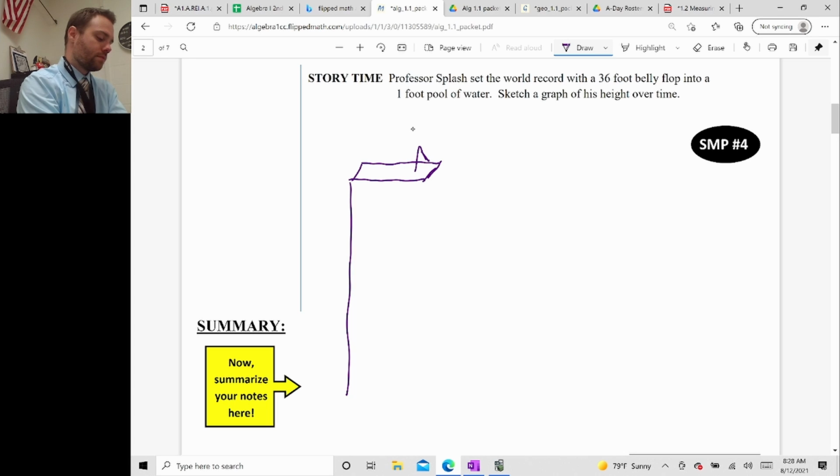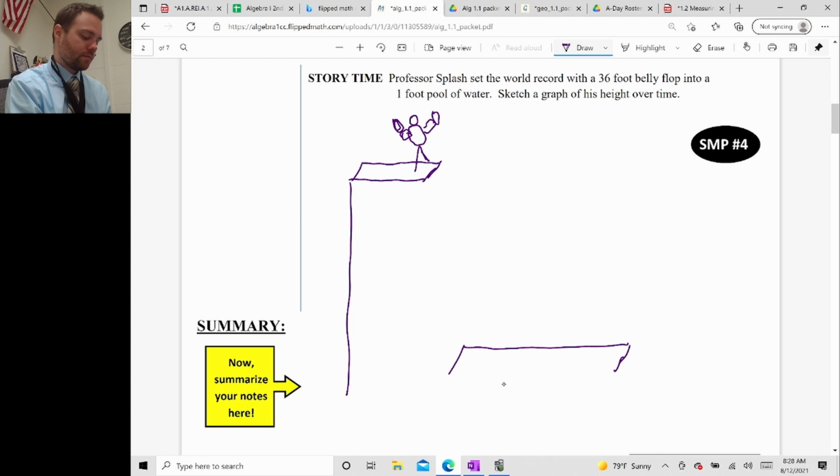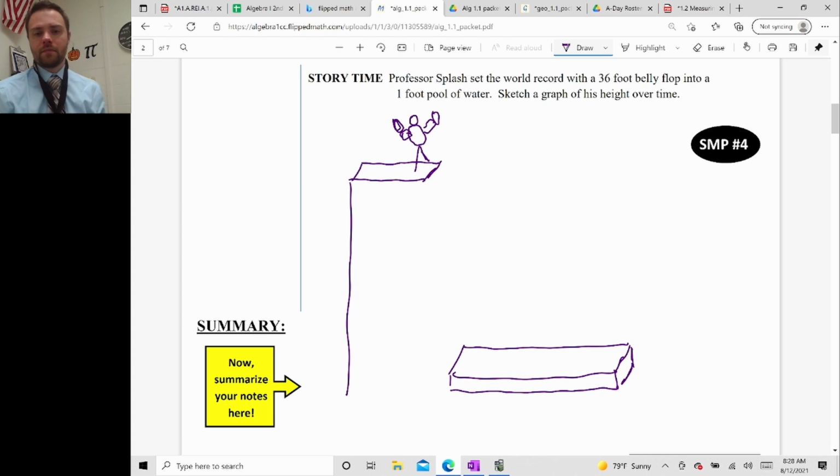And here he is. I'm just going to draw him muscular, because if you're going to hit, he's very strong. If I'm going to hit the ground or hit this water that's 1 foot deep, I'm going to need to be a little tough.